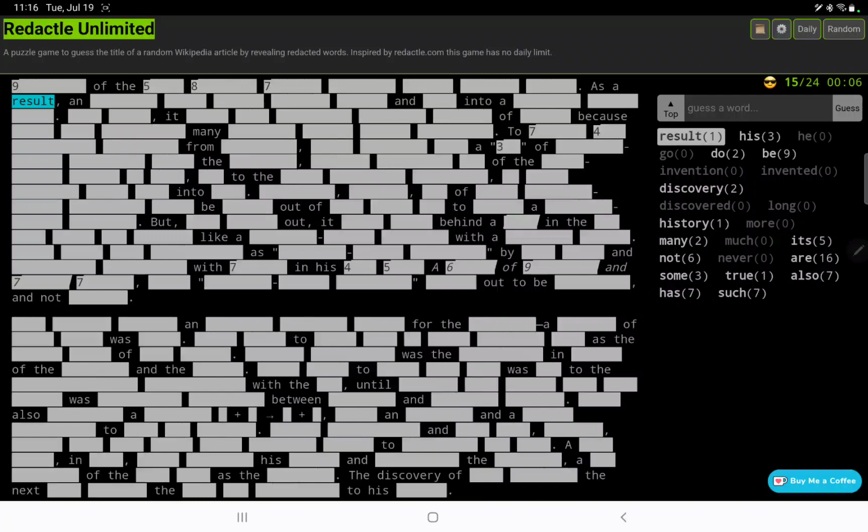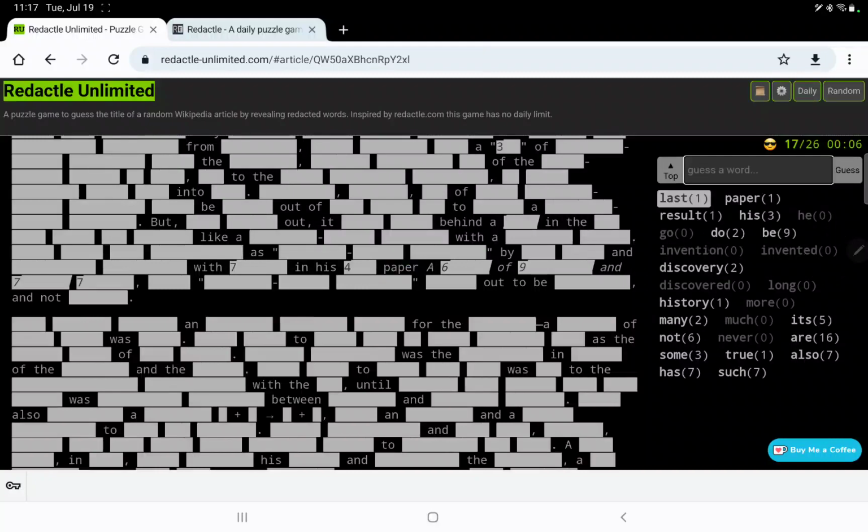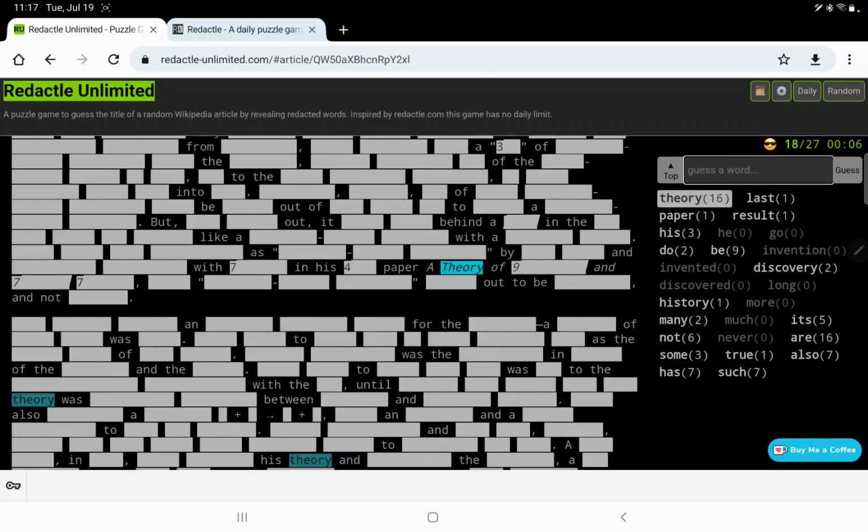What would that be? A something of, and then in his something paper. Maybe his paper. In his last paper? No, in his something paper. A theory, maybe.